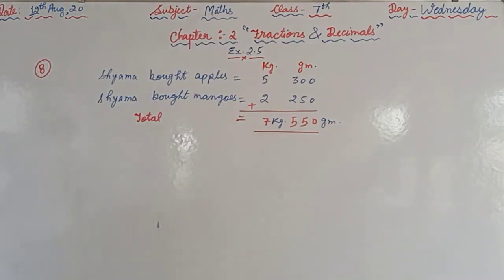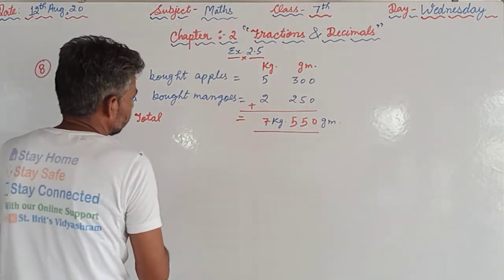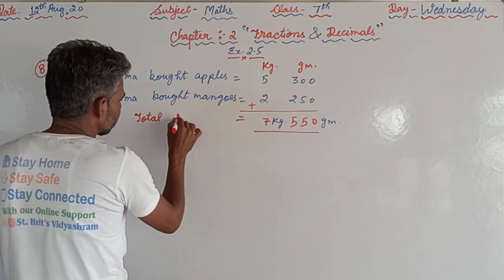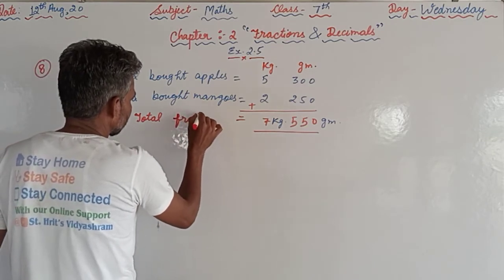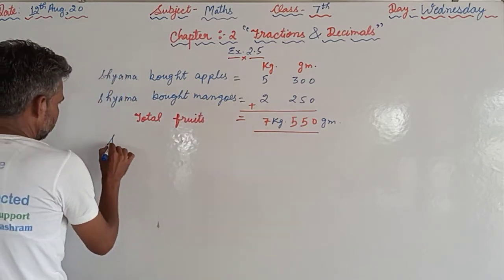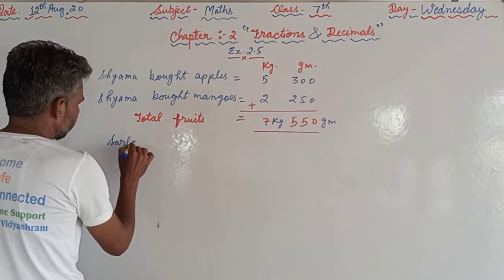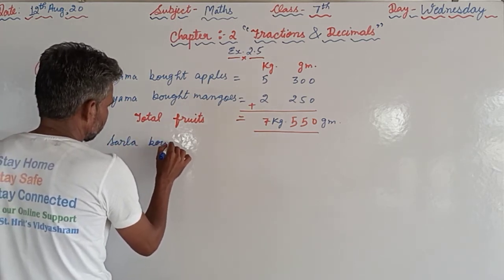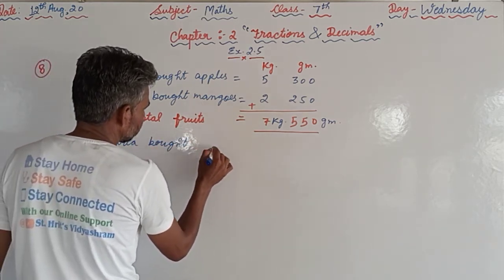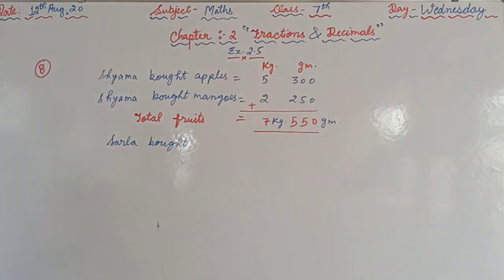Second one is Sarla. Sarla bought total fruits. What did she buy? She bought oranges and bananas.